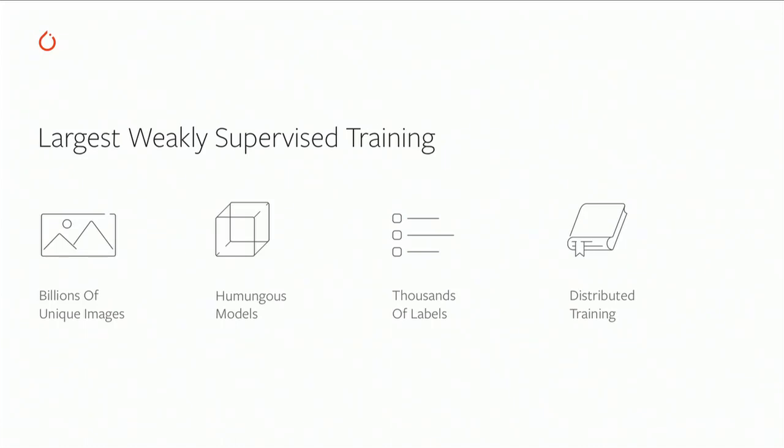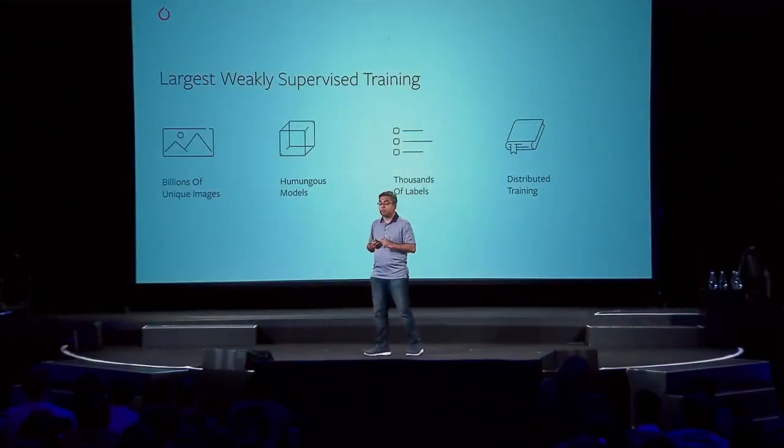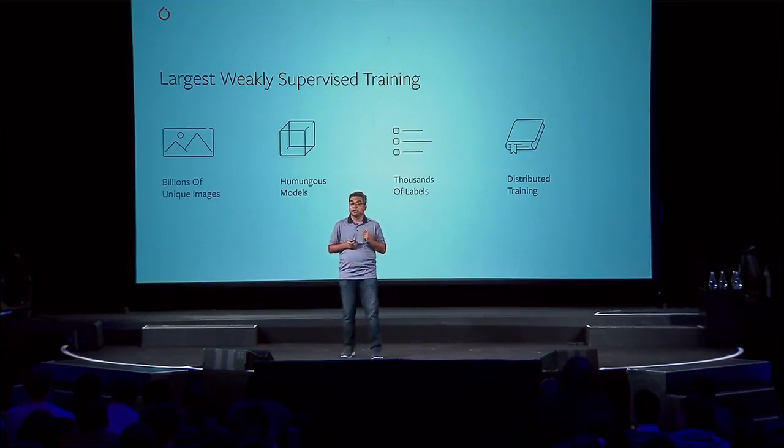We're also able to train our models with much higher capacity than ever before. For example, our biggest model is around 850 million parameters. Also, I would like to emphasize that we did not require any complex cleaning procedures to eliminate the noise that is inherent to the hashtag annotations.